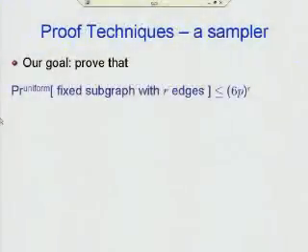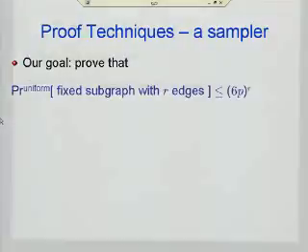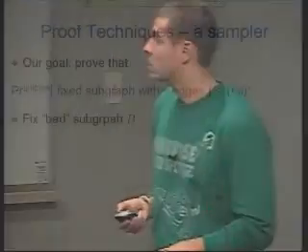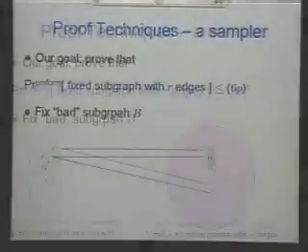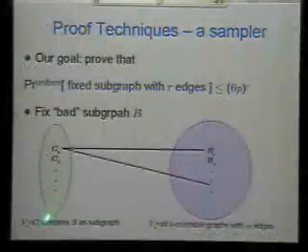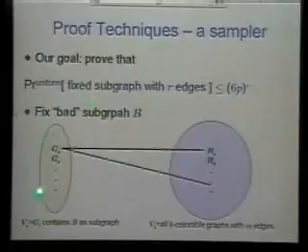Okay, so this is our goal: to prove that under the uniform distribution, the probability of a fixed graph with R edges is at most 6P to the power of R. Let's fix the bad graph B and consider this auxiliary bipartite graph. On one side, we have all the graphs that contain B. On the left-hand side, we have all k-colorable graphs with M edges.